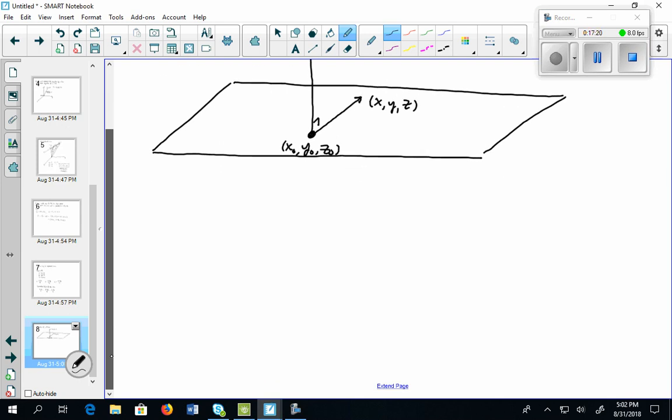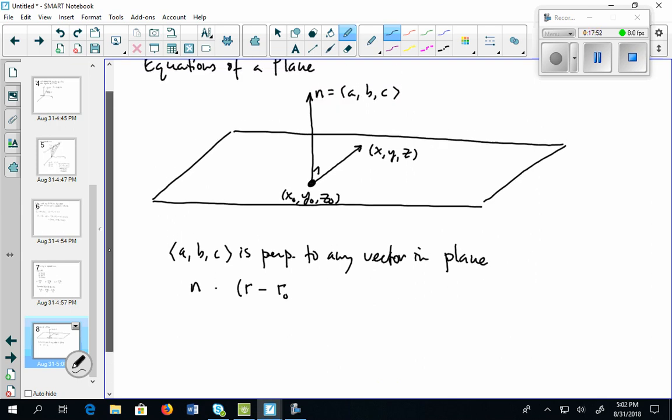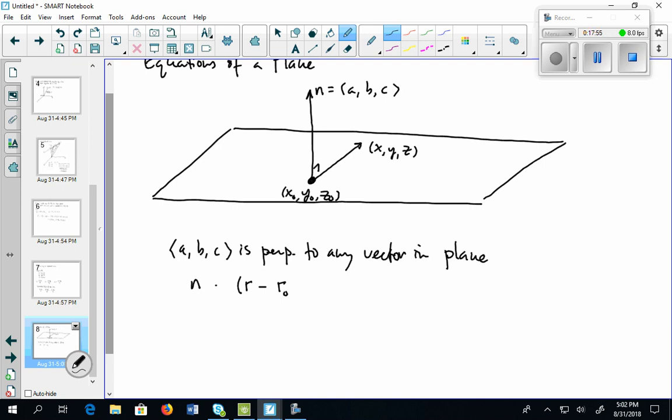Now, let's make some room here. This vector ⟨a, b, c⟩ is perpendicular to any vector in the plane. So we called it n, so I'm going to put n here, and I'm going to dot it with r minus r₀.